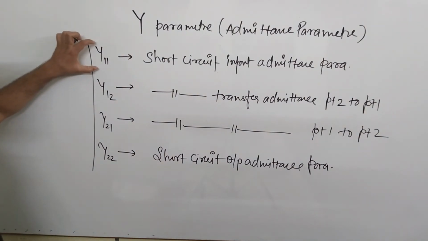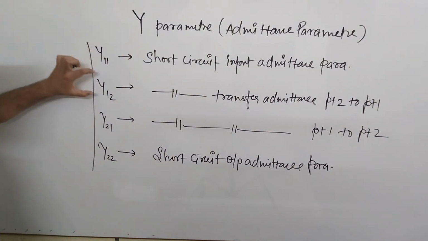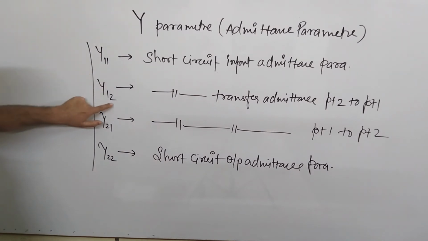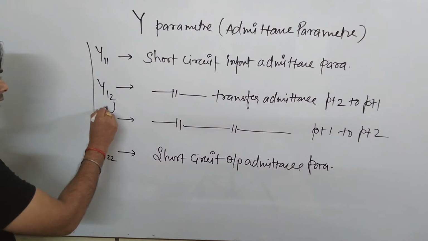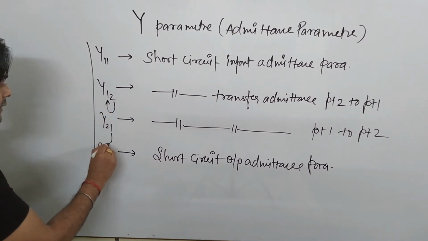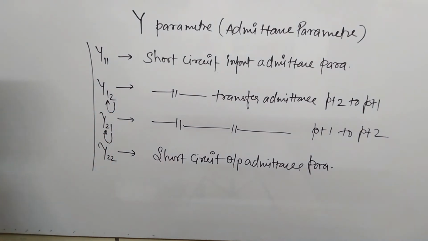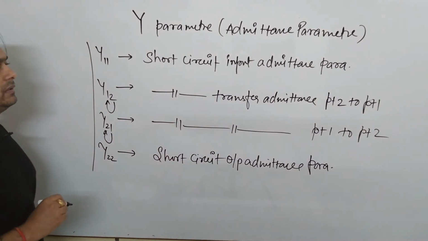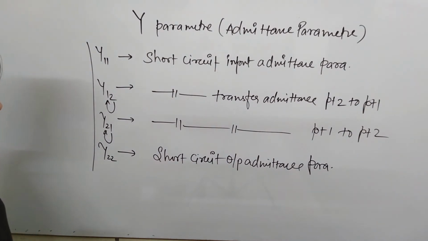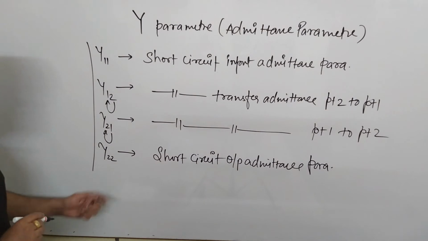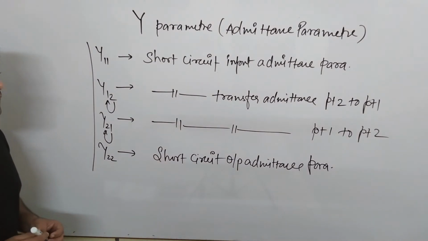This is the short circuit input admittance parameter, this is the short circuit transfer admittance parameter from port 2 to port 1, here to here. Why? Because it is an admittance. Similarly, it is the short circuit transfer admittance from port 1 to port 2, and this is Y22, which is known as the short circuit output admittance parameter.